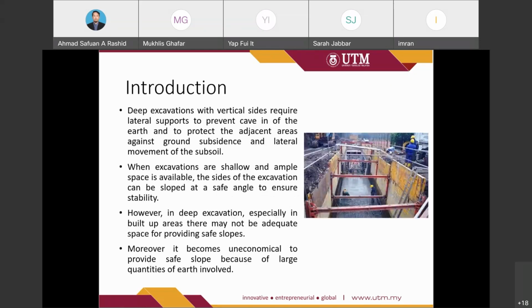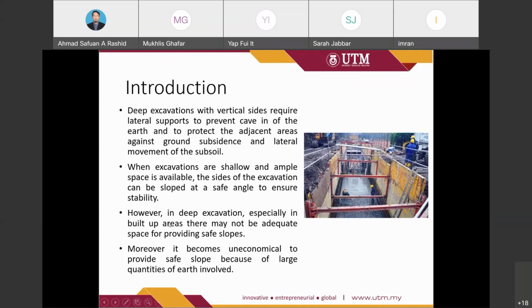So deep excavation with vertical sides requires lateral support to prevent cave-in of the earth and to protect the adjacent areas against ground subsidence and lateral movement of the soil. When excavations are shallow and ample space is available, the sides of the excavation can be sloped at a safe angle to ensure stability.